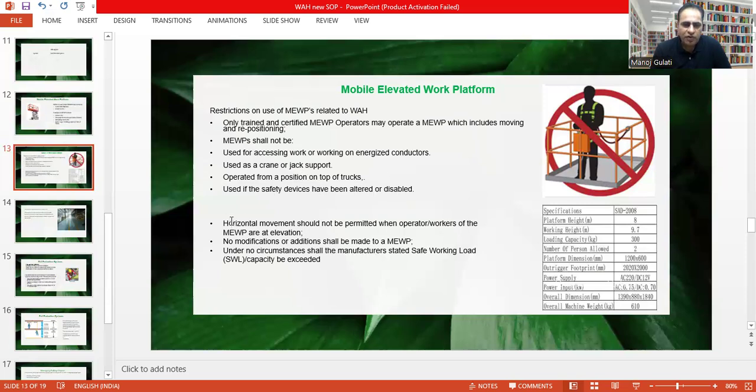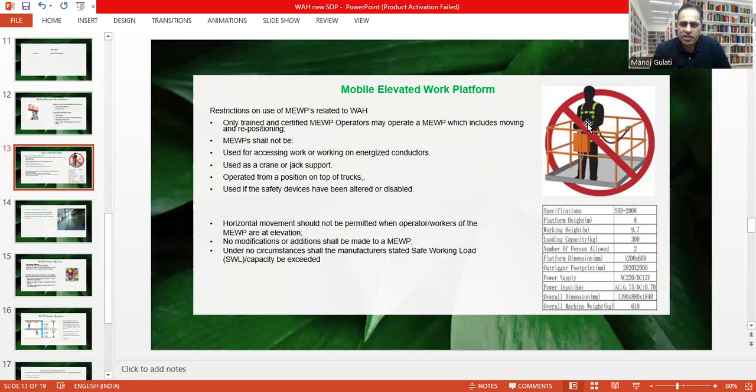There are a few more restrictions: if the MEWP operator is at height, then it should not be operated from the height. Horizontal movement should be restricted. No modifications and alterations should be done in the MEWP. And under no circumstances shall the safe workload be exceeded.